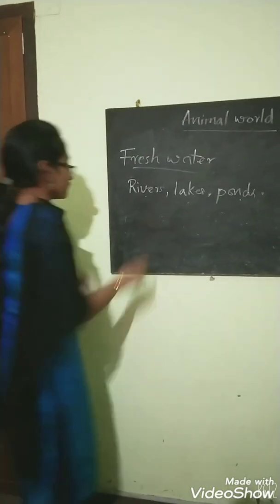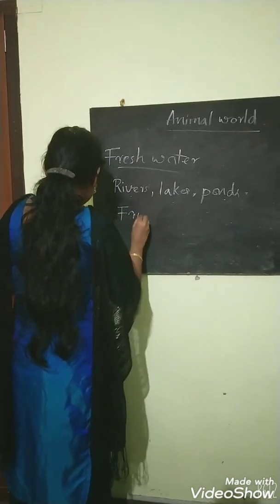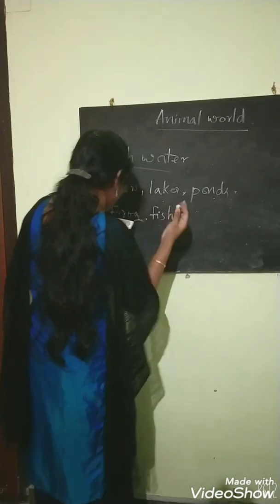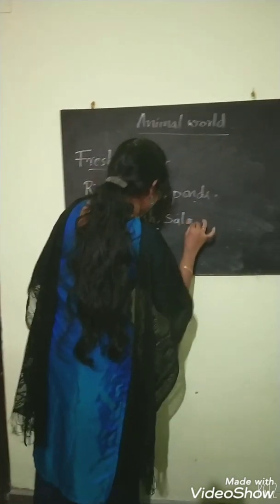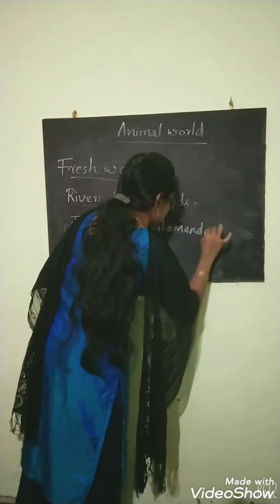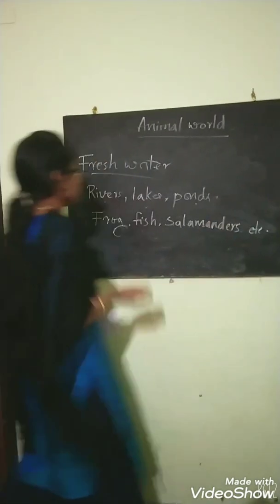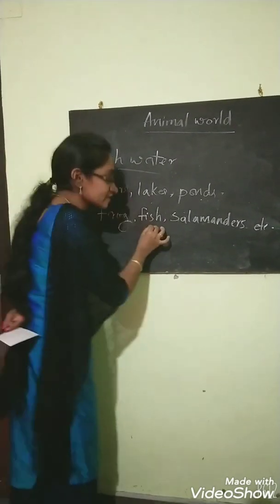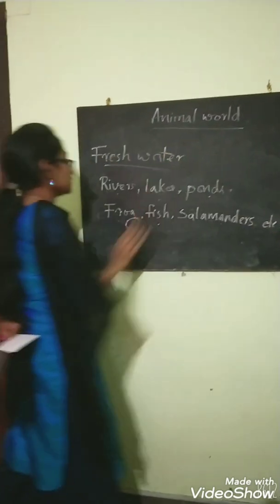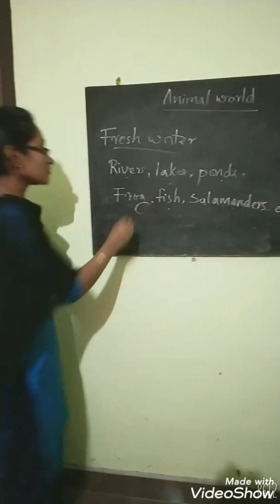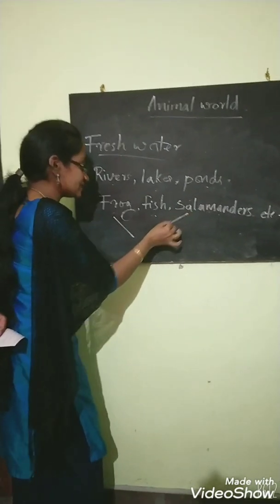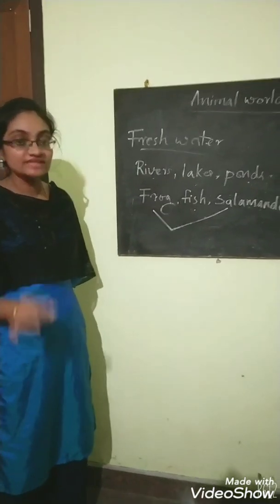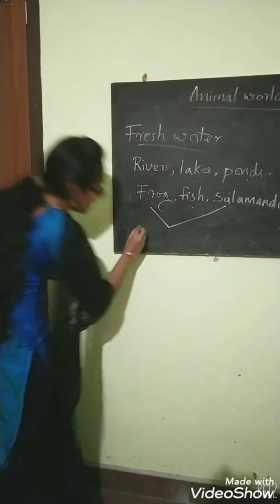It includes frog, fish, salamanders, etc. The animals living in freshwater are frog, fish, salamanders, etc. Here the frog and salamanders can live both on land and in water, so they are called amphibians.